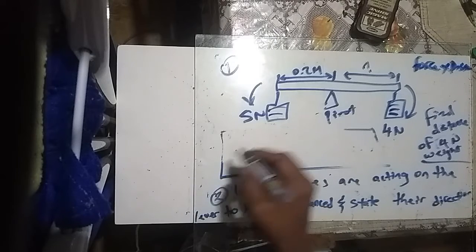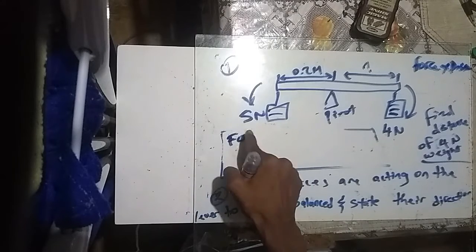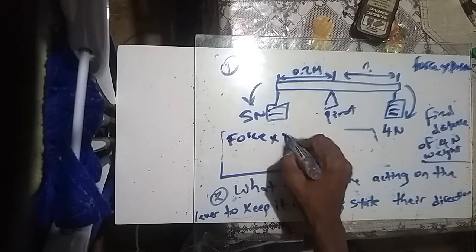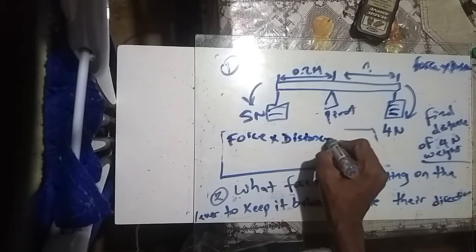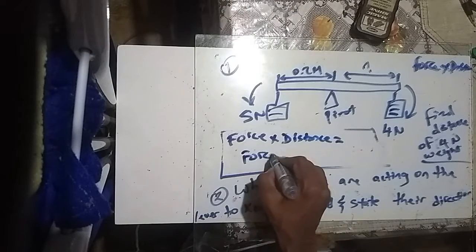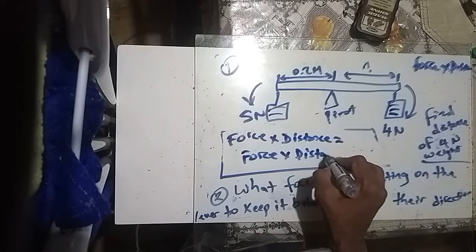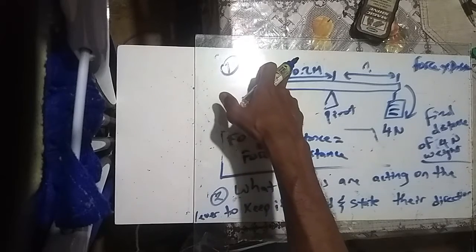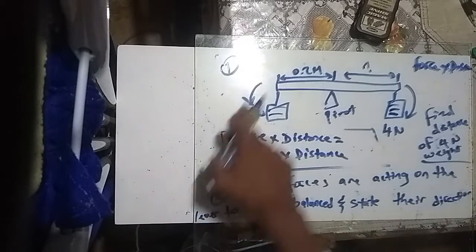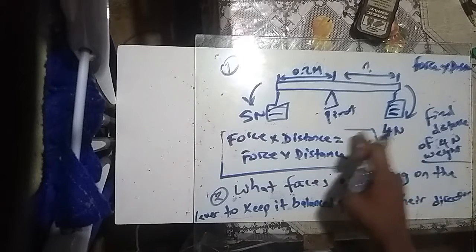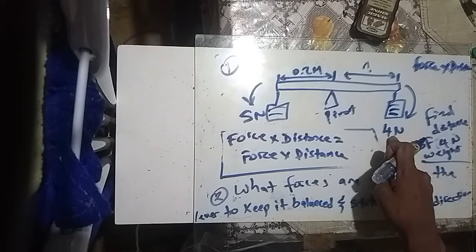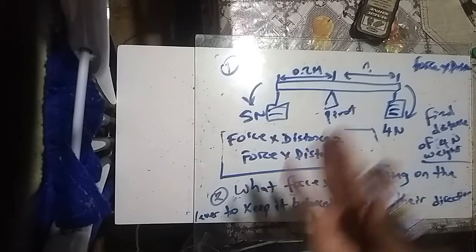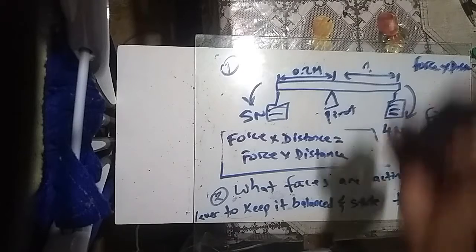So you basically state force times distance is equal to force times distance. You understand what I'm saying? Force 5 Newton times 0.2, which is the anti-clockwise moment, is equal to force again times distance, which is my unknown variable.